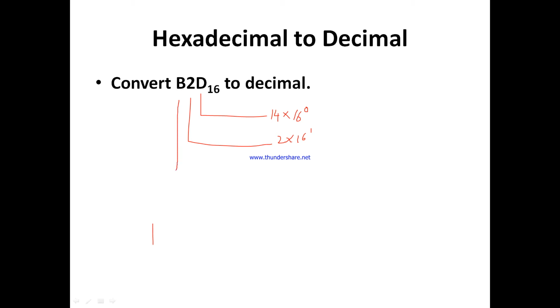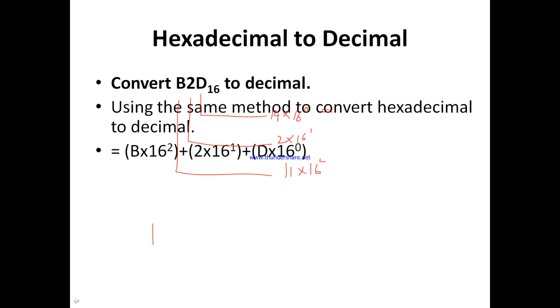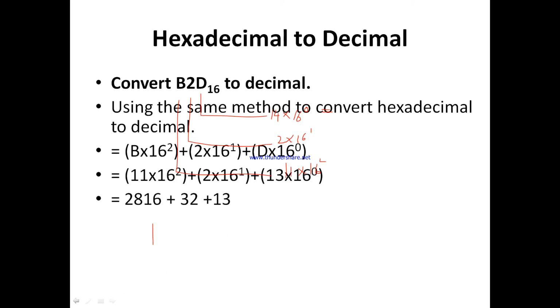The next one, B is 11, so 11 into 16 power 2. So the values will be 2816, 32 plus 13. So 2861 is the final answer. This is hexadecimal to decimal conversion.